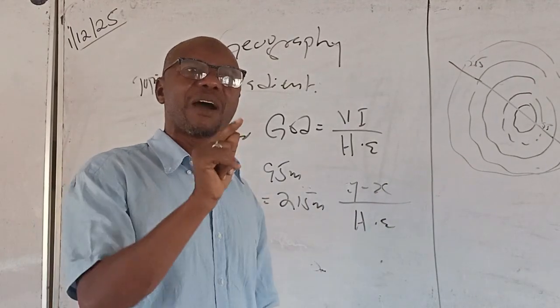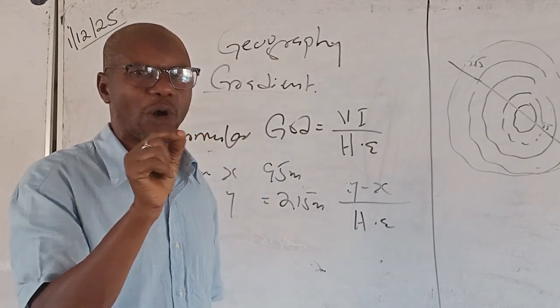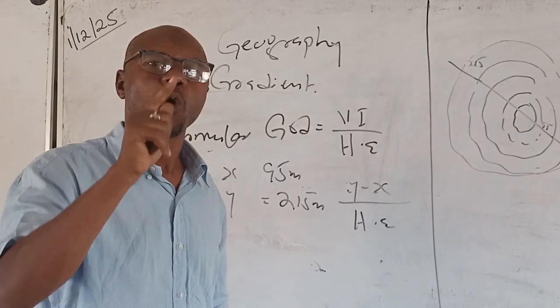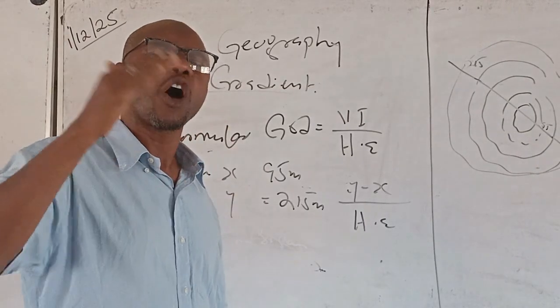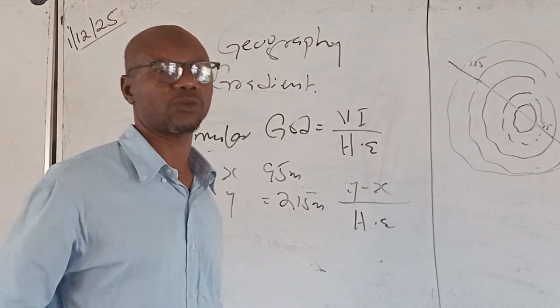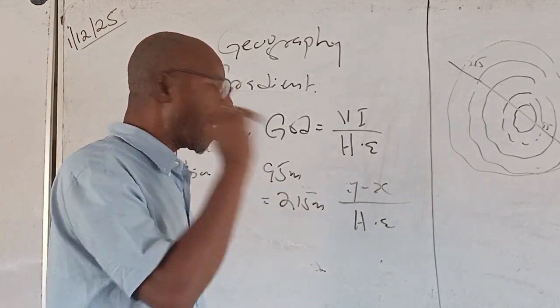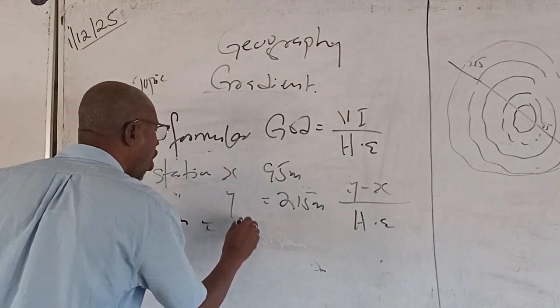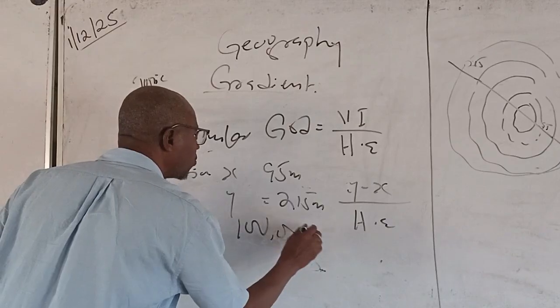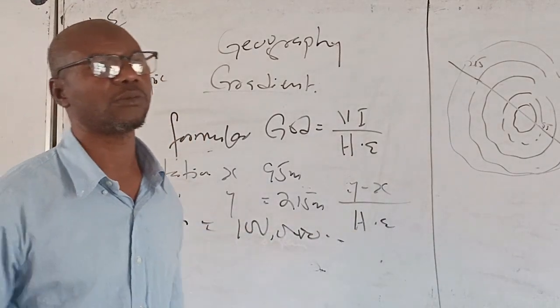Remember that 1 kilometer on paper is equivalent to 100,000 centimeters on the ground. It's constant.